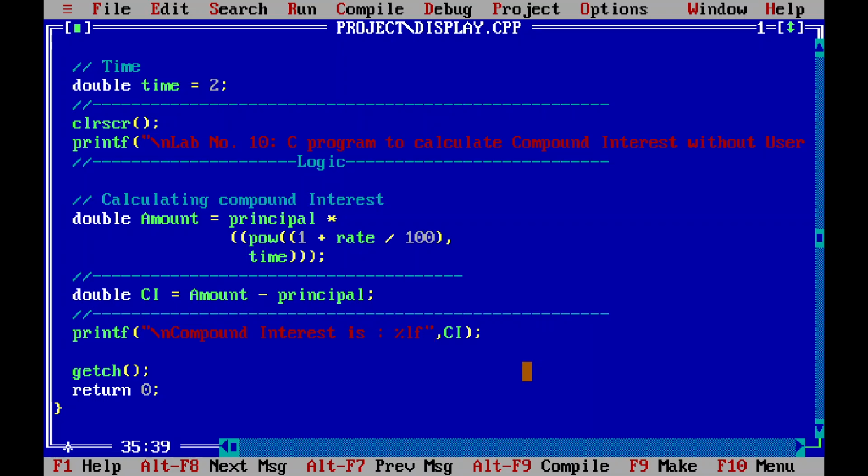Whenever, like for integer we use %d and for float %f, likewise a double is written as %lf. Hopefully it is very clear to you, and it's time to compile it.